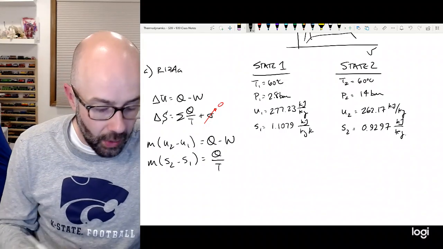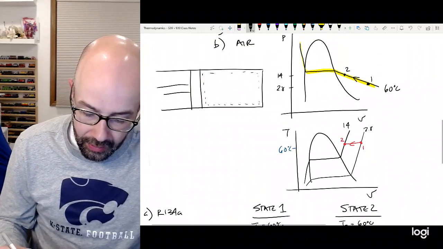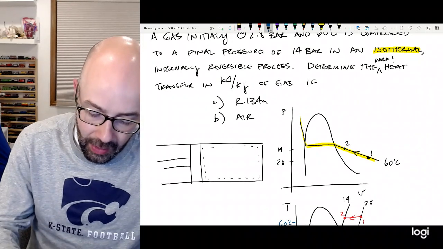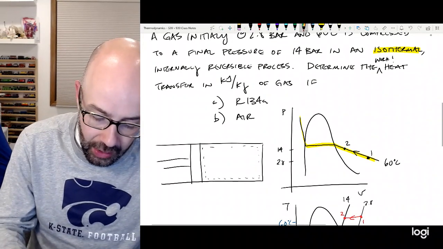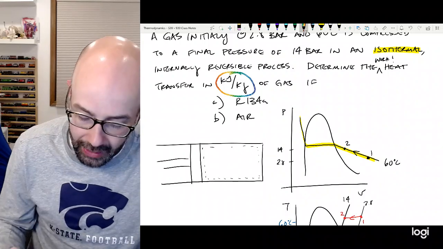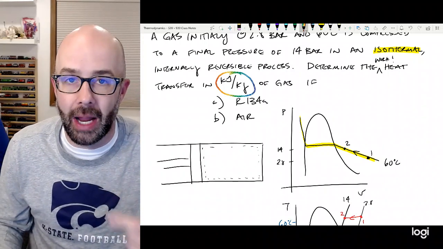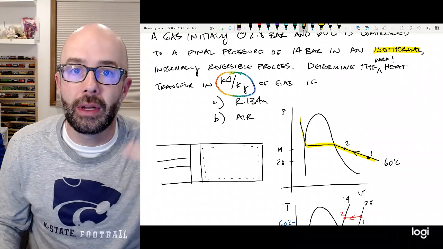Okay, and so remember also this other thing that was important in the problem statement. It said they want us to find this in kilojoules per kilogram. Determine the work and heat transfer in kilojoules per kilogram. What they're meaning is find it per unit mass.